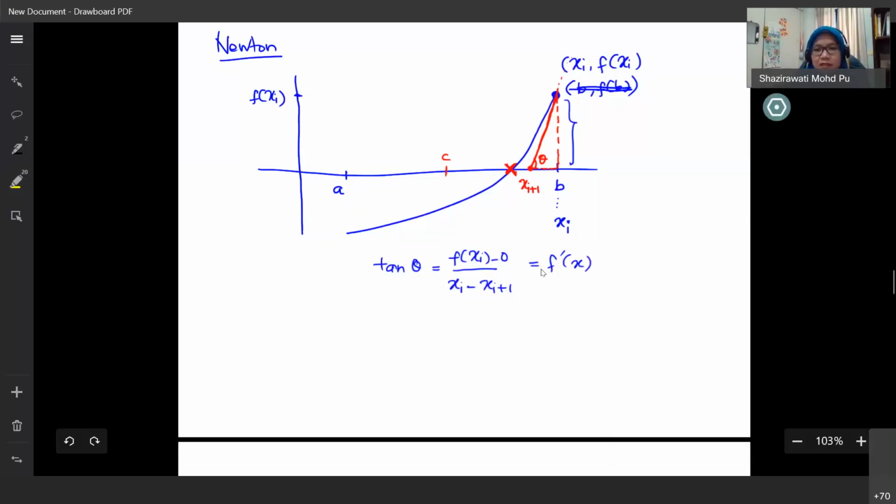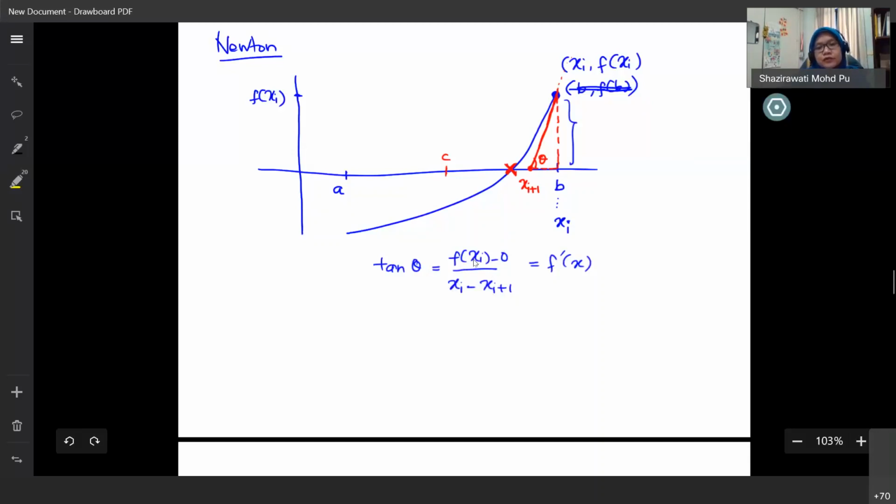If we look at this expression, the only value that you don't know is xi plus 1. The xi is your initial guess, supposed to be known from the problem, or you can take it from the left or right limit. So xi is known. How do you get f(xi)? By evaluating the given function f(x).